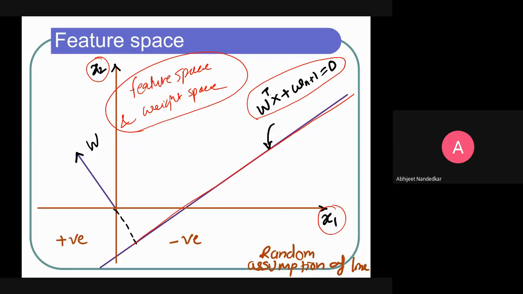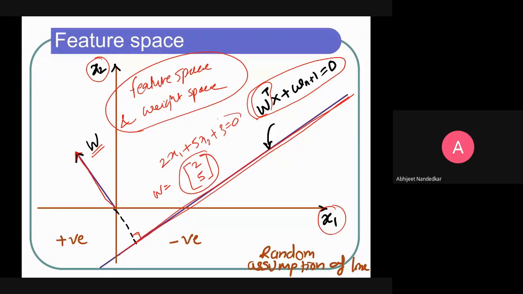If I collect the coefficients of the variables, that will form the W vector, which is perpendicular to this line. Note that this W vector is always perpendicular to the line drawn. Suppose I take 2x1 plus 5x2 plus 3 equal to 0. If I collect this 2 and 5, this is the W vector, which is always perpendicular to this line.